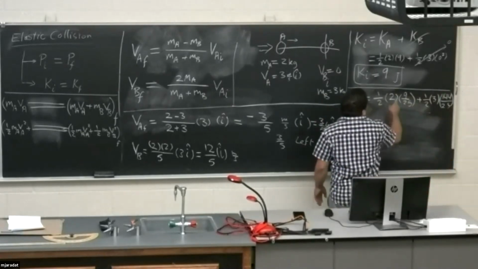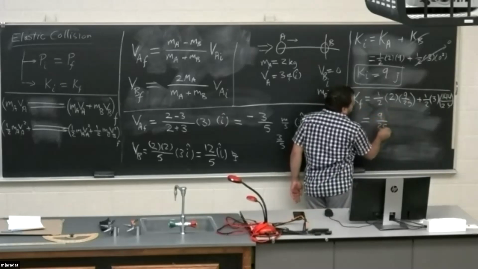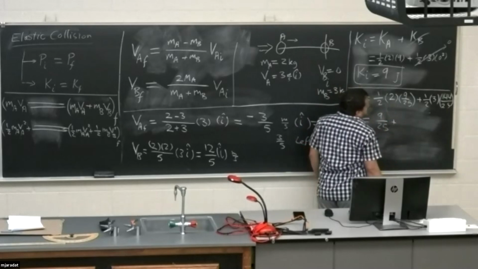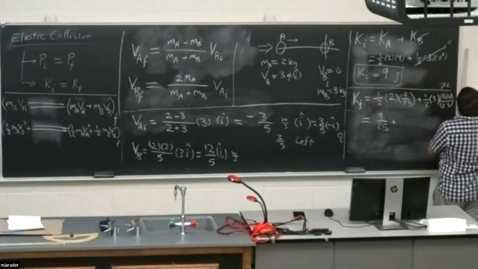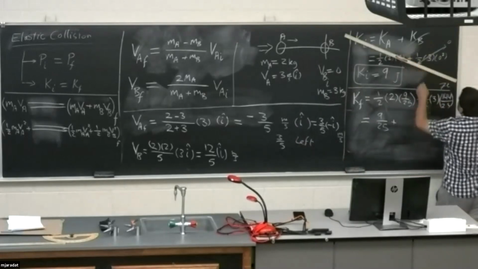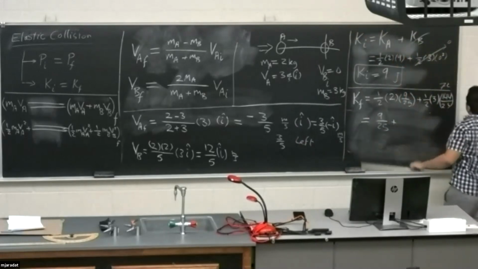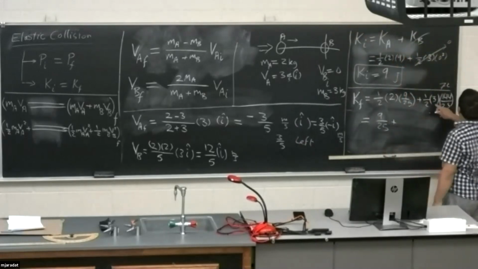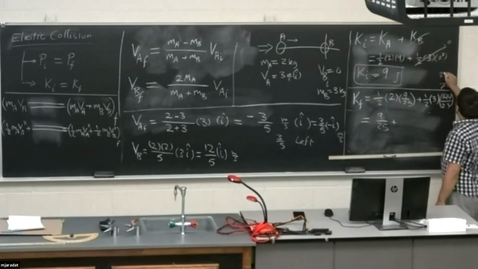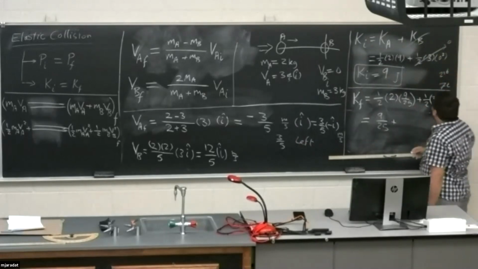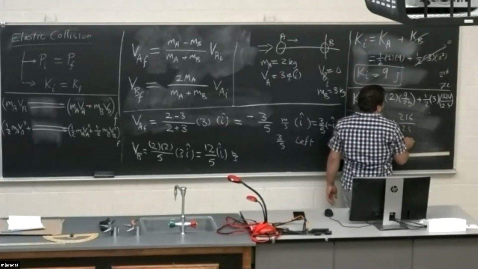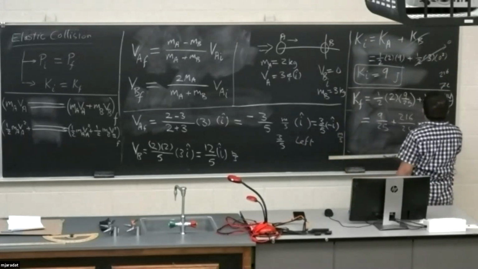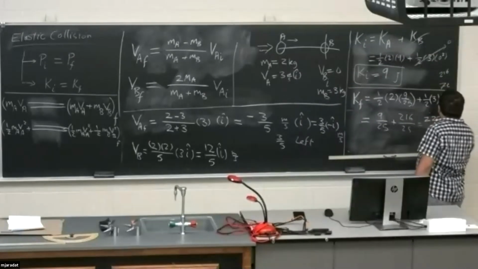This will be equal to 9/25 plus 216/25. This will be equal to 225/25, which is equal to 9 joules.